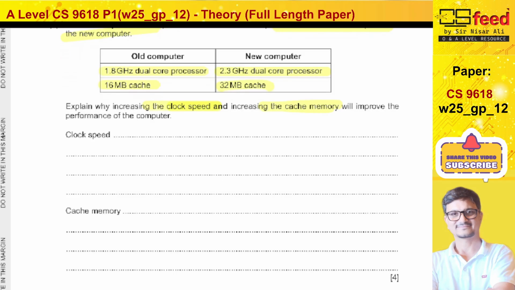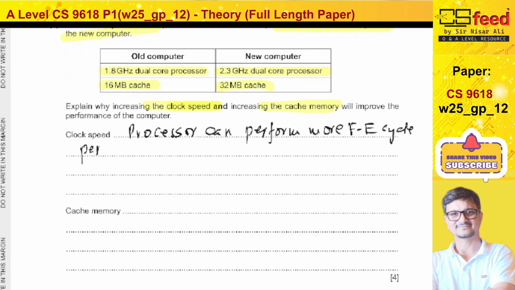So now we are going to identify the impact. What impact will come with the clock speed? So the answer is that increasing the clock speed means the processor can perform more fetch execute cycles per second.